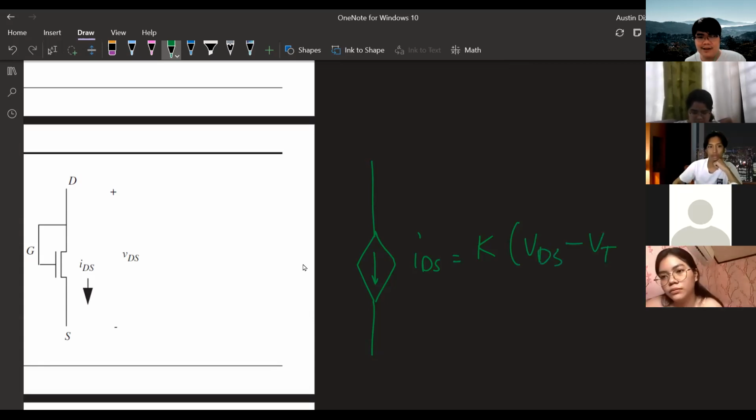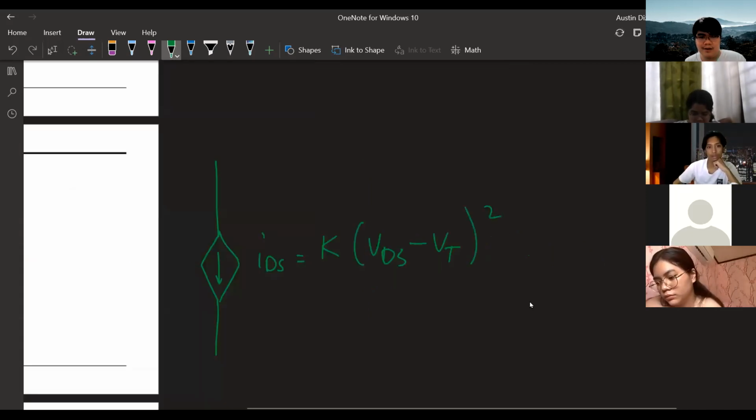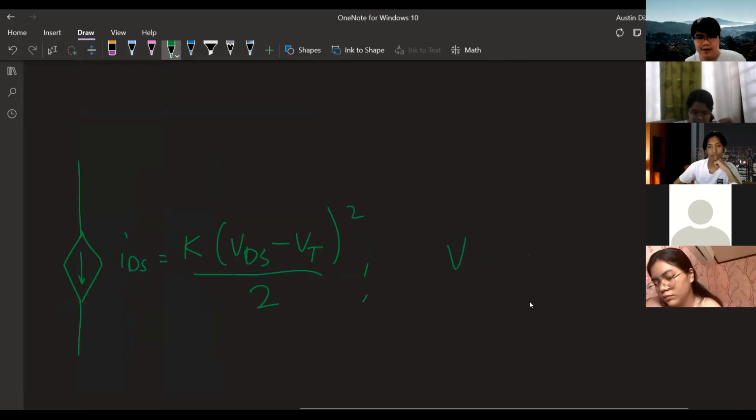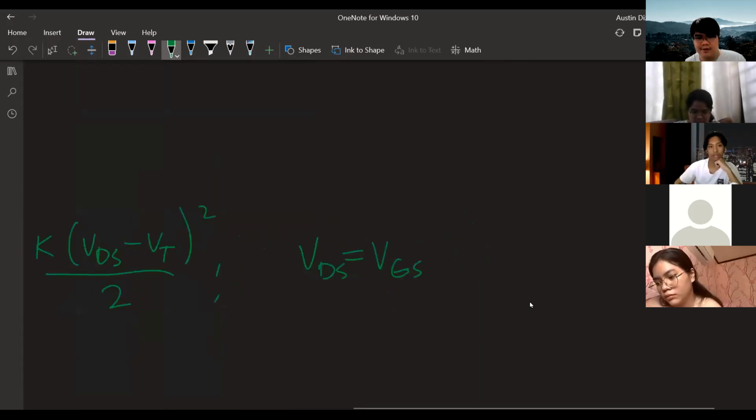Okay, minus VT squared over 2, provided that VDS equal to VGS, that is both greater than VT, para mag-operate siya.